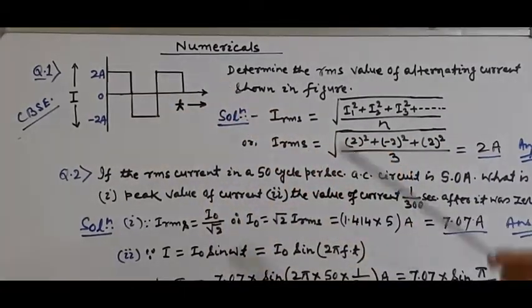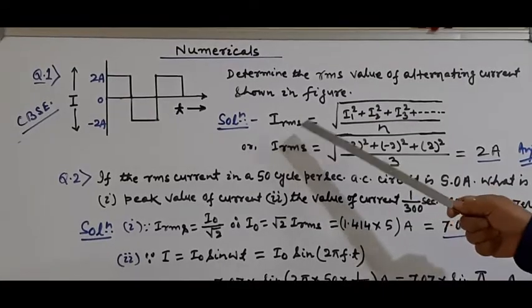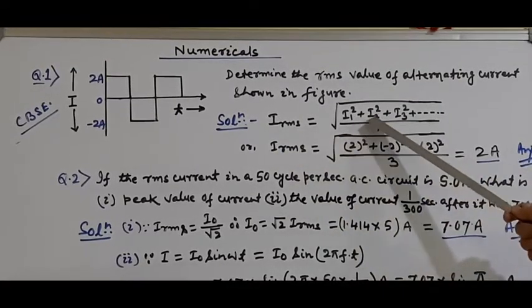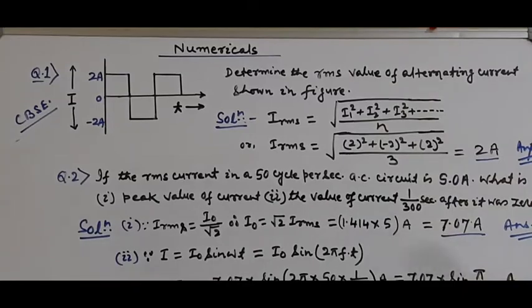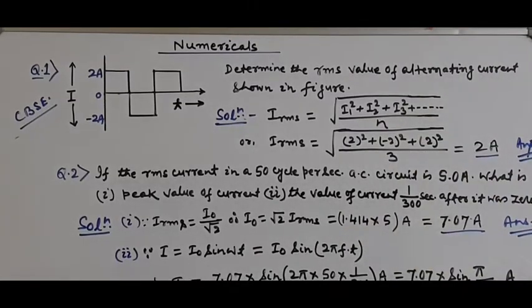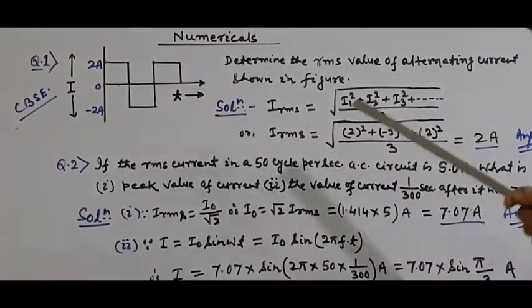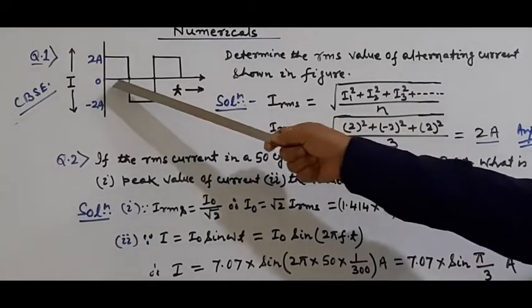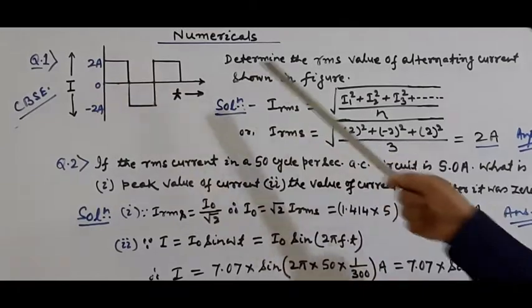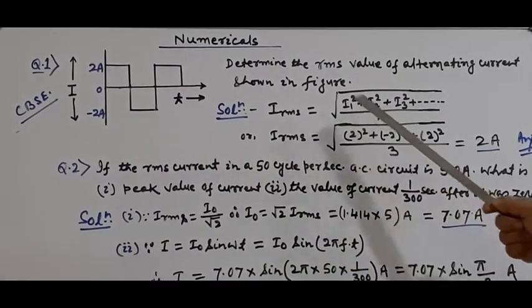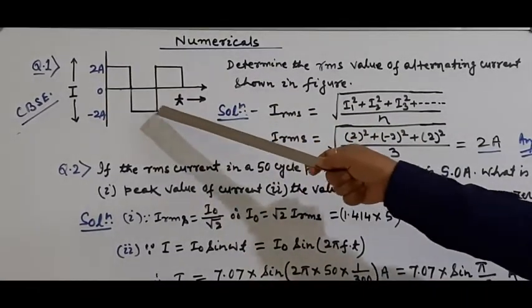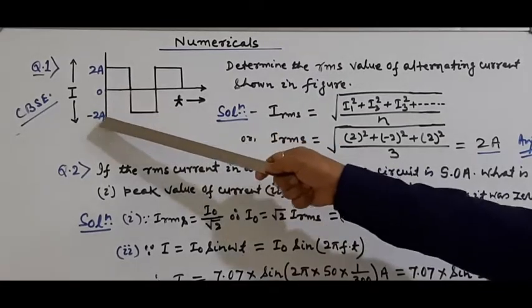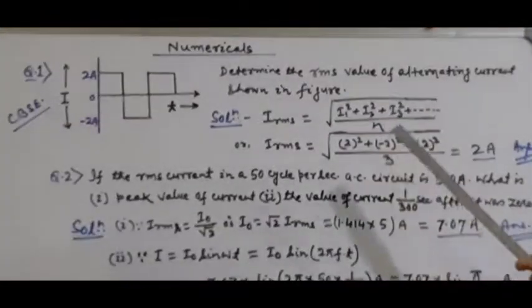So we apply this formula. I_RMS is equal to the square root of (I1 square plus I2 square plus I3 square and so on) divided by n. So following this figure, what are the values of I1, I2, I3 and n? I1, from 0 to 2, is 2 ampere. I2, the second part of the interval, 0 to minus 2, so minus 2 square.